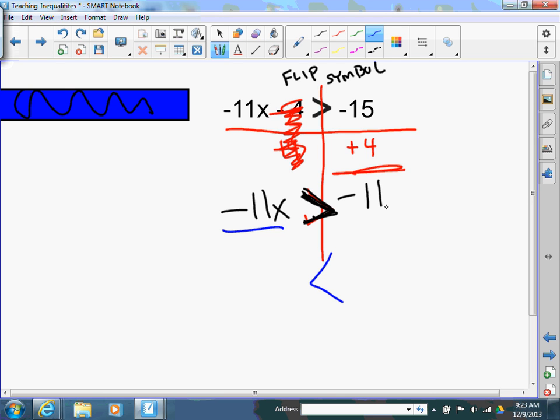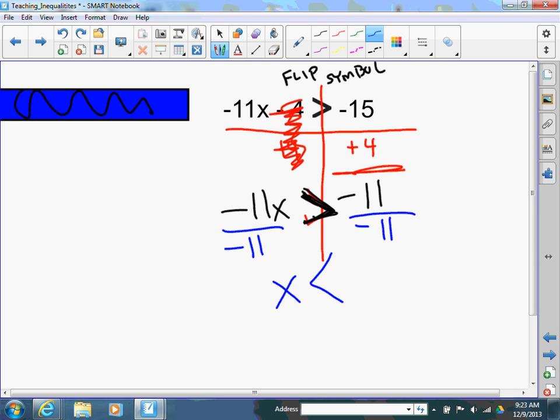Right? What do I divide both sides by to finish solving this? Not 11. The number stays the same. It's the operation that we change. What goes under here? Negative 11.